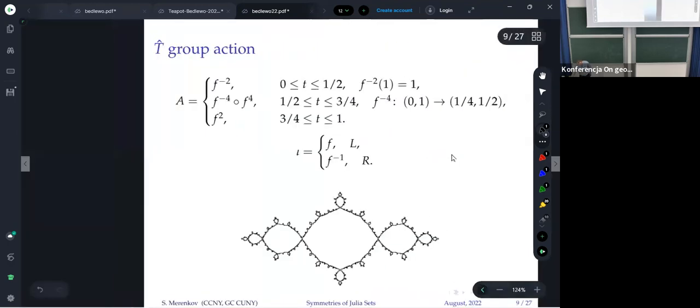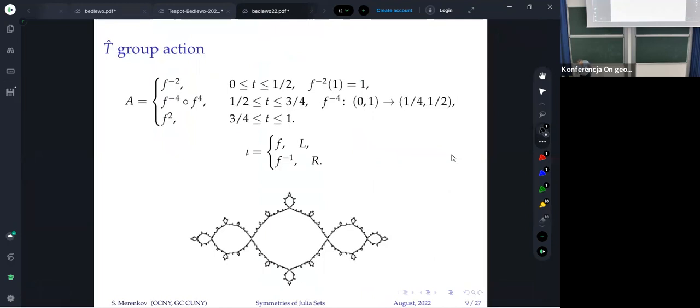And now I should probably explain how they act on this Basilica Julia set. So f is z² - 1.